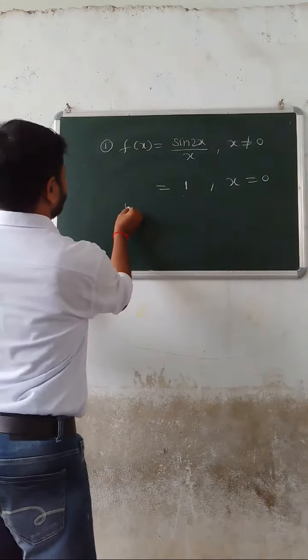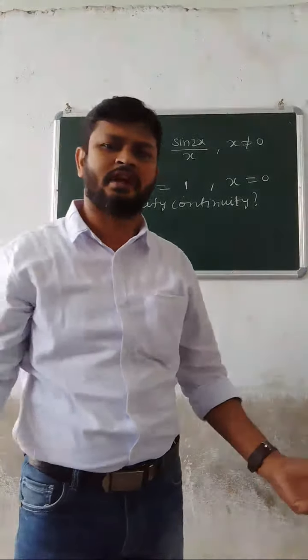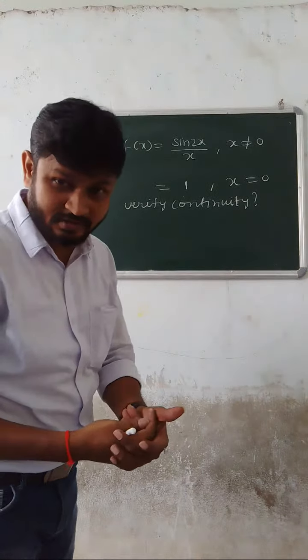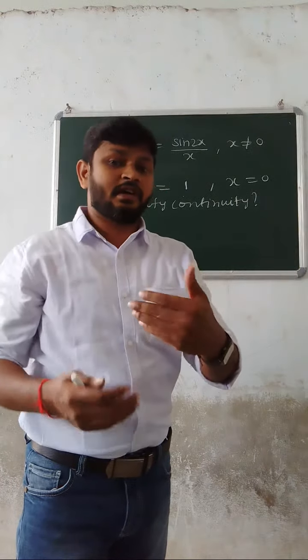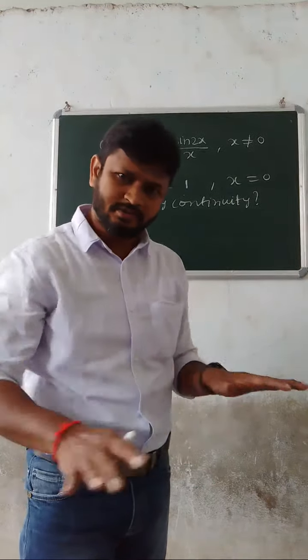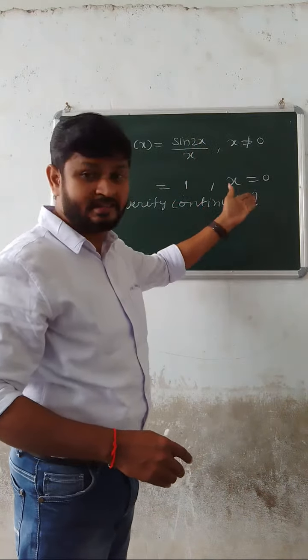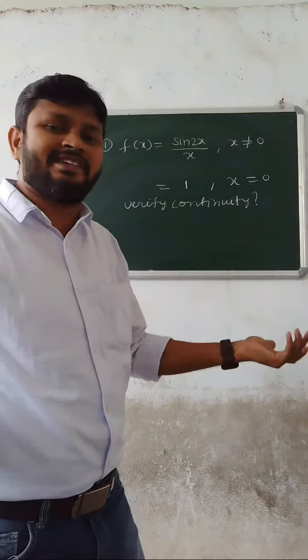So continuity means continuous or discontinuous. Is there any use of going for right hand limit and left hand limit? There is no use, because there is no symbol for greater than or less than.